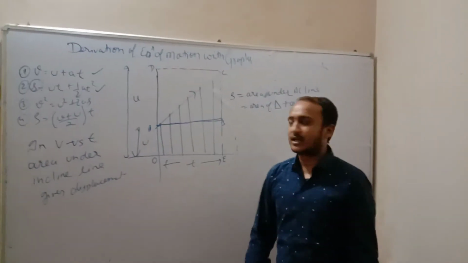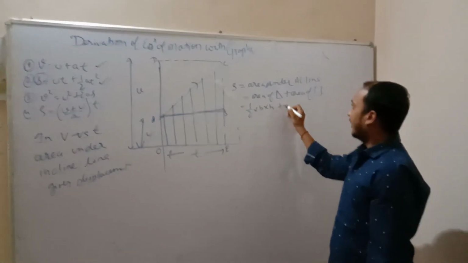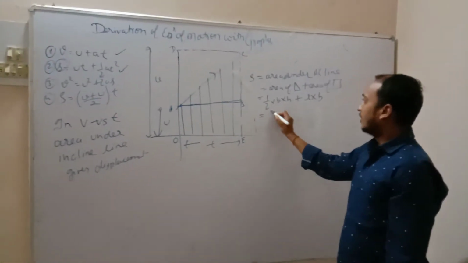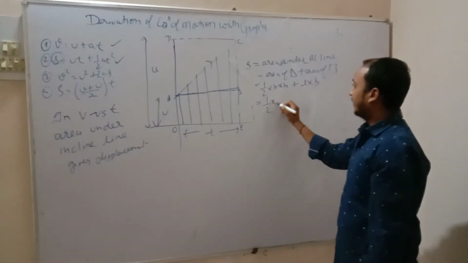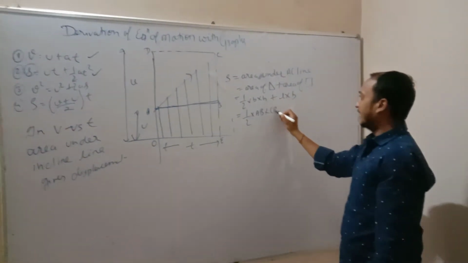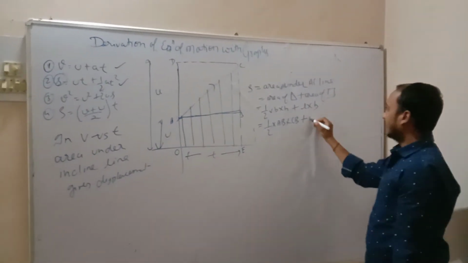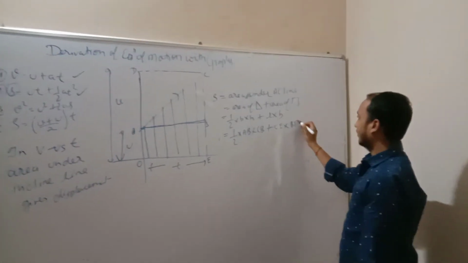We know area of triangle is half into base into height, and area of rectangle is length into breadth. So the base is AB, the height is CB, the length is OE, and the breadth is BE.